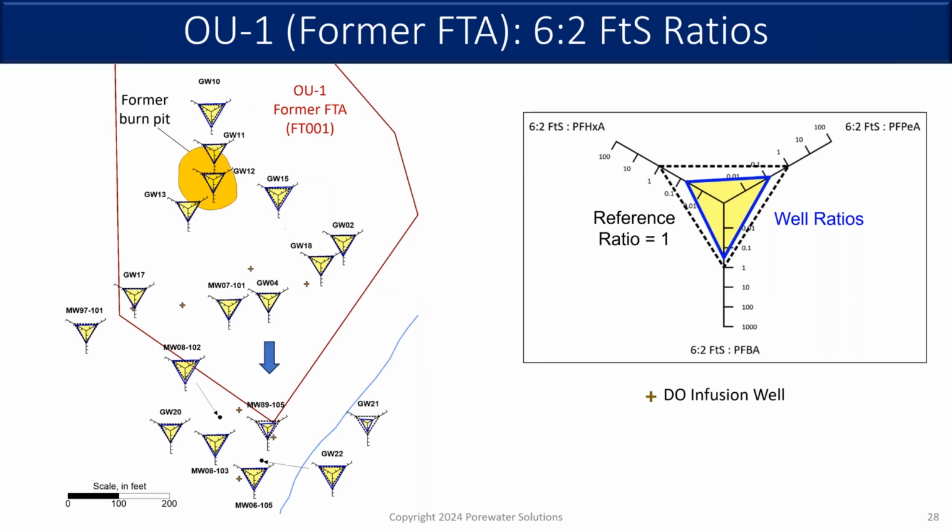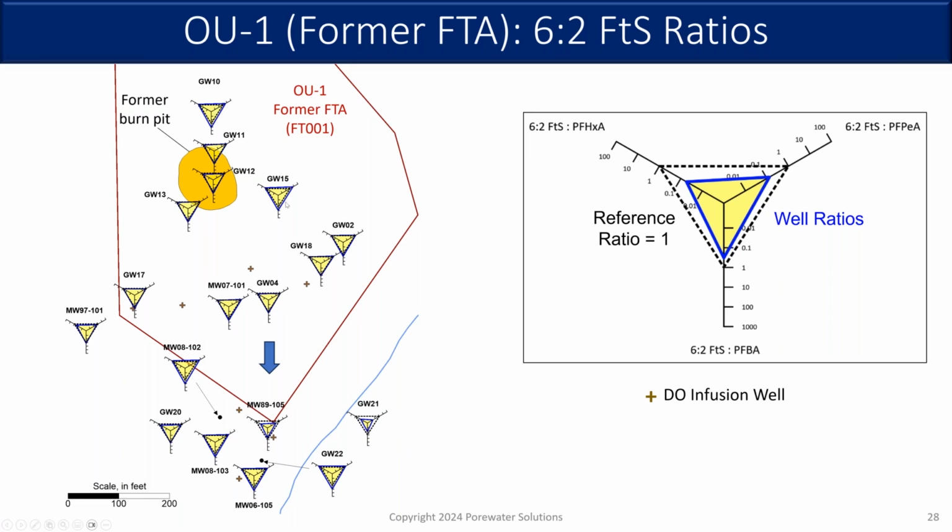So different map now, we've zoomed into the former fire training area. This is the former burn pit area here. You can see in the north part of the source area, the blue line is the actual data for the well. The black dashed line is the reference series, ratio equal to 1, it's the same everywhere.